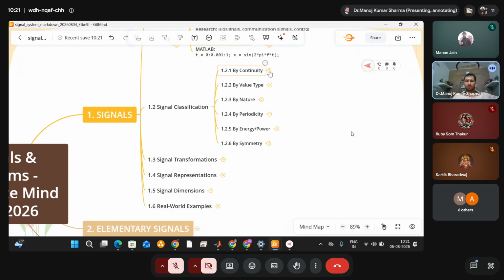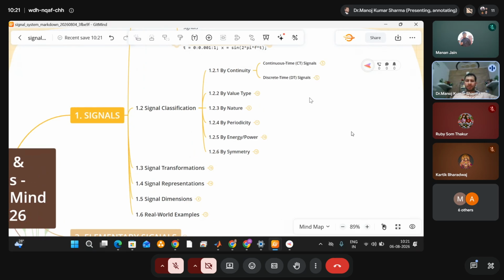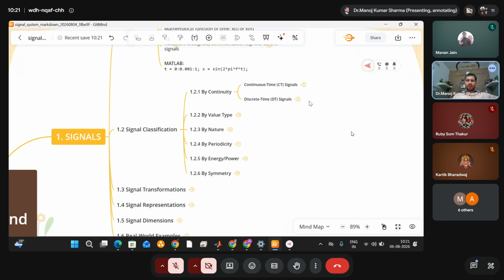What we understand about continuity, as we already discussed, is that signals can be classified into two types based on continuity. One is the continuous time signal, another is the discrete time signal.